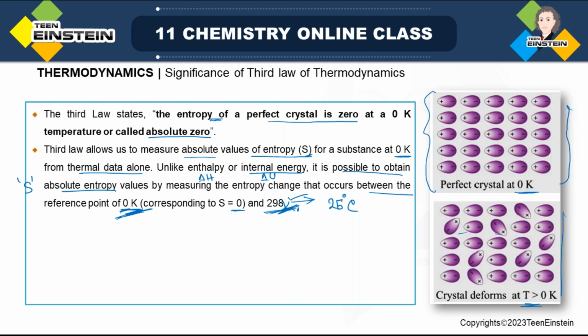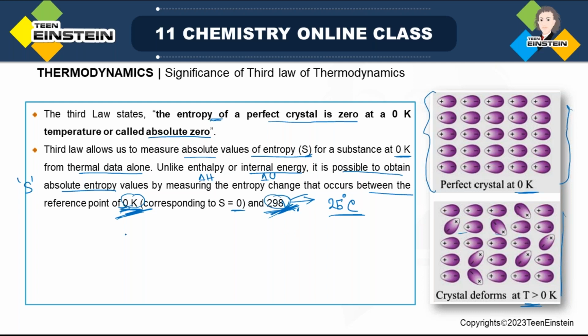At 298 there is a value, but that we do not know. But when you take the difference between these two, that difference will directly give you the corresponding entropy at 25 degrees centigrade. Why is it possible?